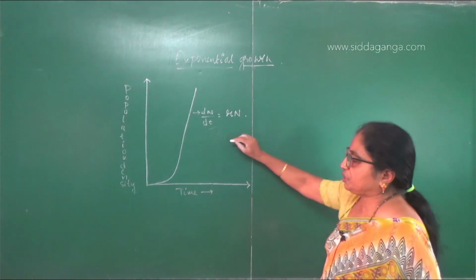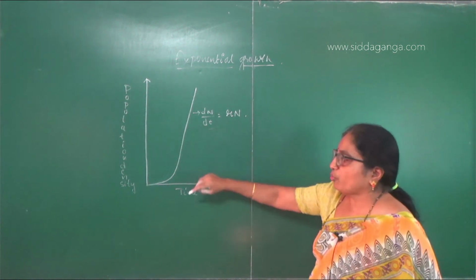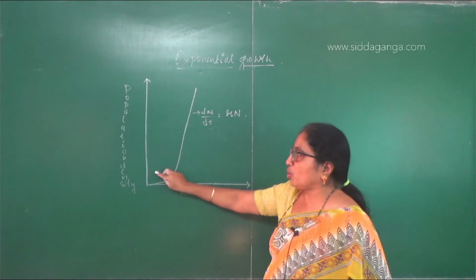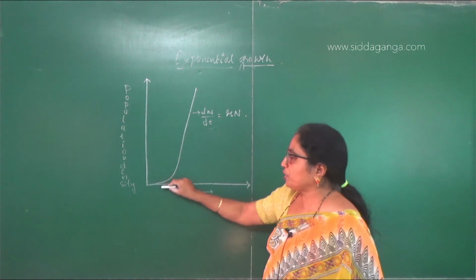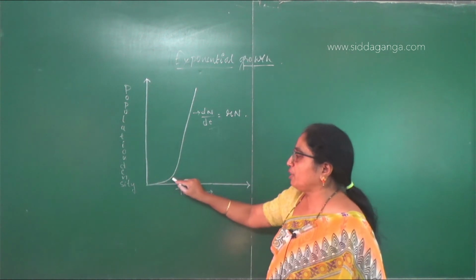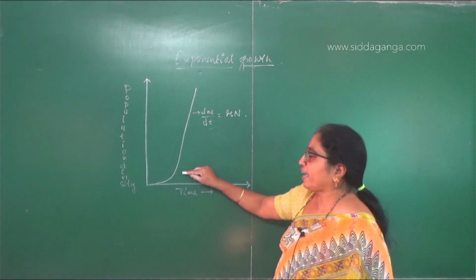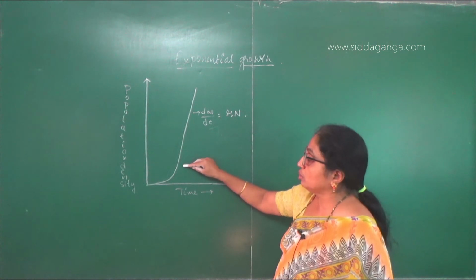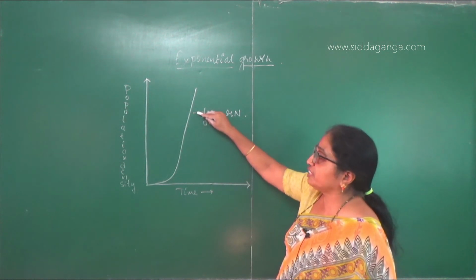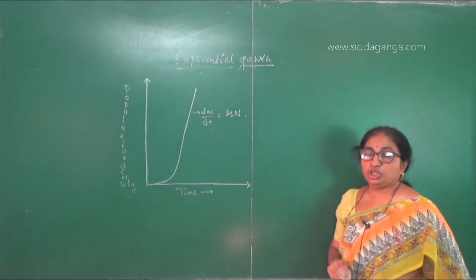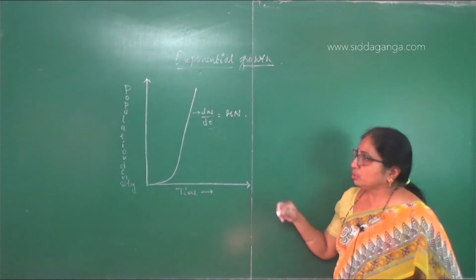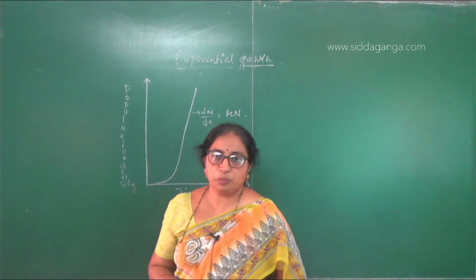And this is the growth curve. If you plot population density on the y-axis and time on the x-axis, for exponential growth initially there will be a slow growth, and finally the growth goes on increasing and increasing, in geometric ratios. This is what is called exponential growth.